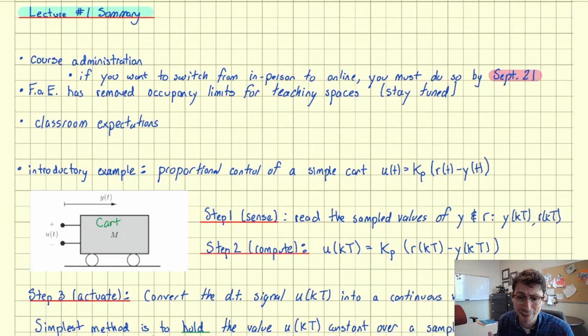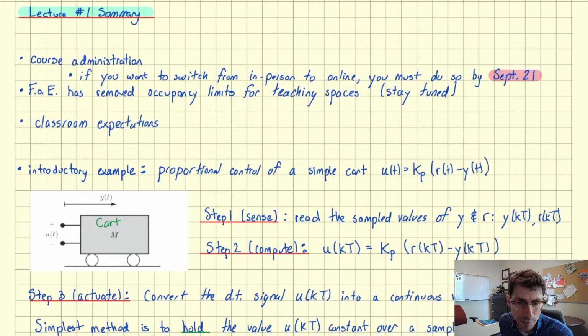Also be aware that if you want to switch just the lab, the registrar is going to switch you all to online, so you will no longer technically be in the in-person lecture section. Now, it was pointed out to me yesterday that the slides the university provided about occupancy limits conflicted with what we were doing for the lab.